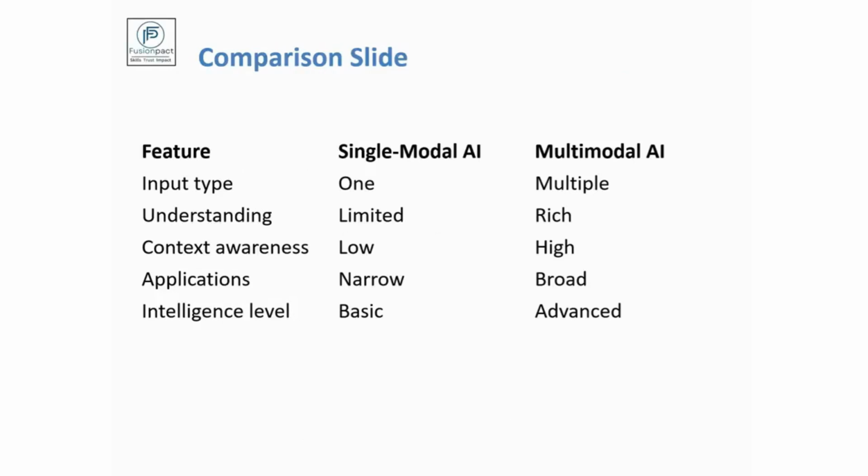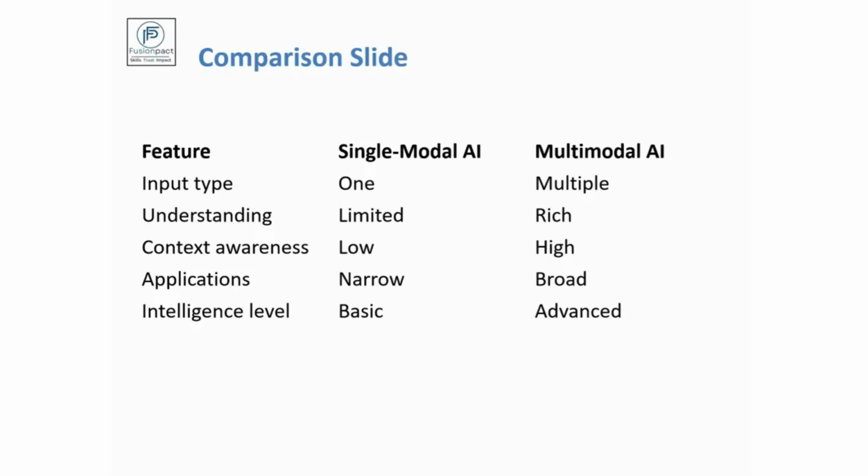So here we can see a comparison slide between single modal AI and multimodal AI. For the input type, single modal AI takes a single input, while in multimodal we can have multiple inputs. On the basis of understanding, a single modal has limited understanding, while the multimodal has rich and vast understanding.